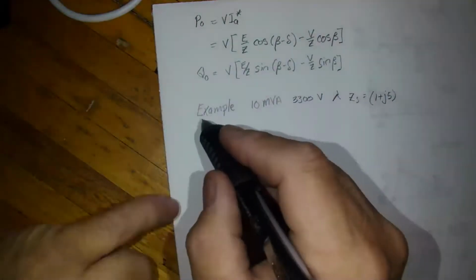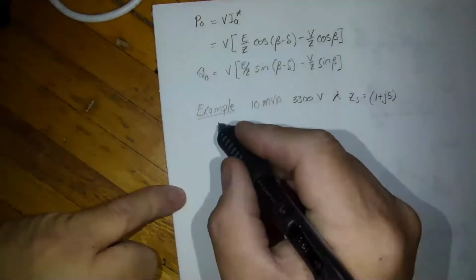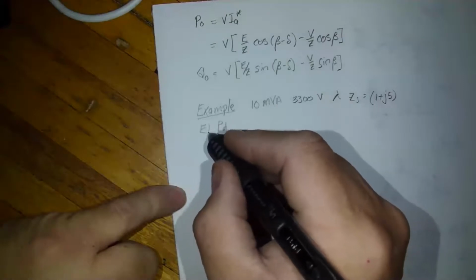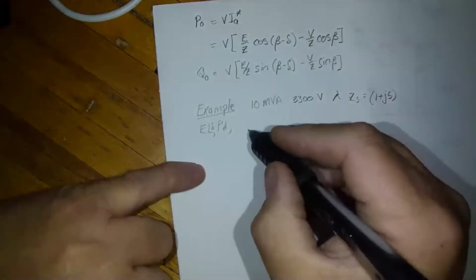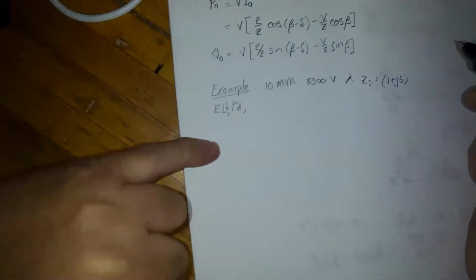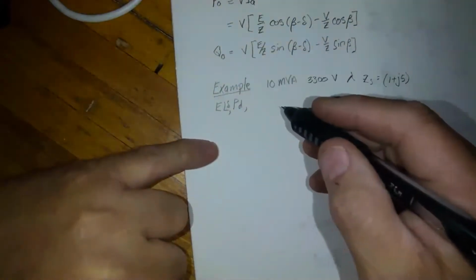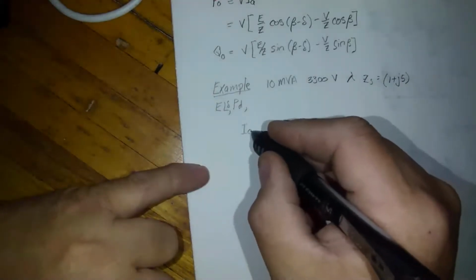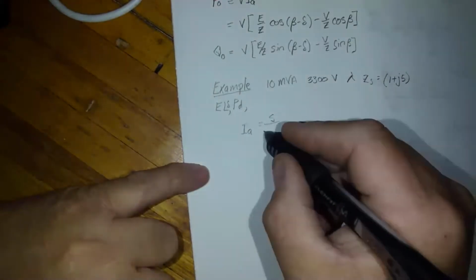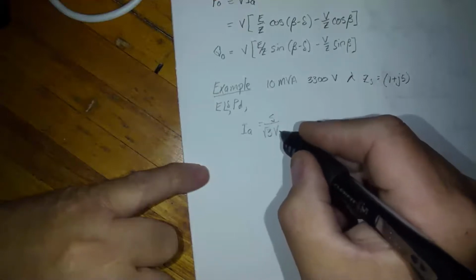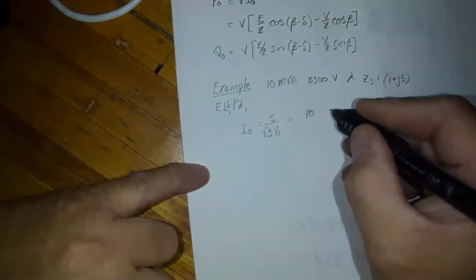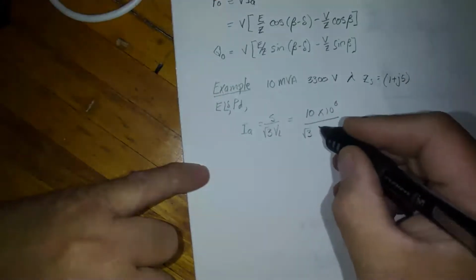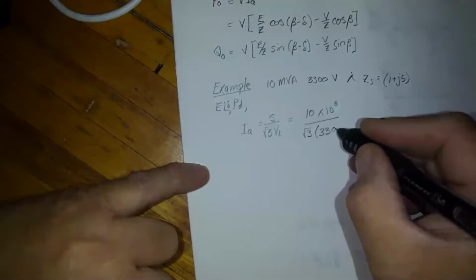Now we have to calculate the developed power. First of all, the induced EMF, then the developed power, current and whatever. So we start off with IA is S divided by square root 3 VL, and that's 10 times 10 to the power of 6 divided by square root 3 divided by 3,300.